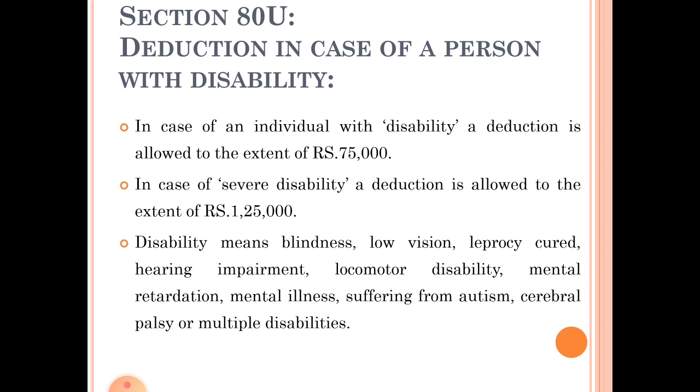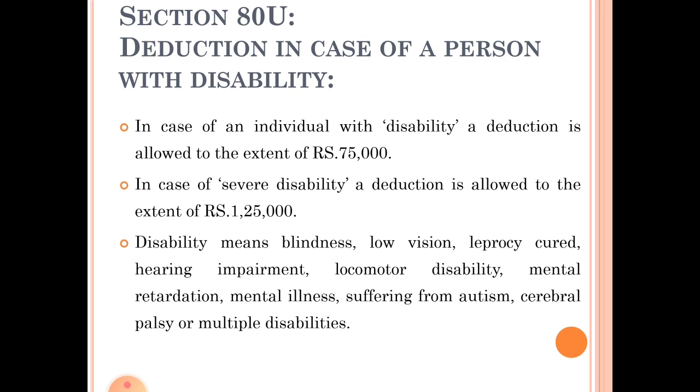Here under section 80DD, a person can claim deduction in respect of medical treatment of a dependent relative with disability, but under section 80U, the disabled person himself is claiming deduction. Remember, under section 80DD, the person is claiming deduction on behalf of his relative's treatment, but under this section the disabled person himself is claiming deduction.